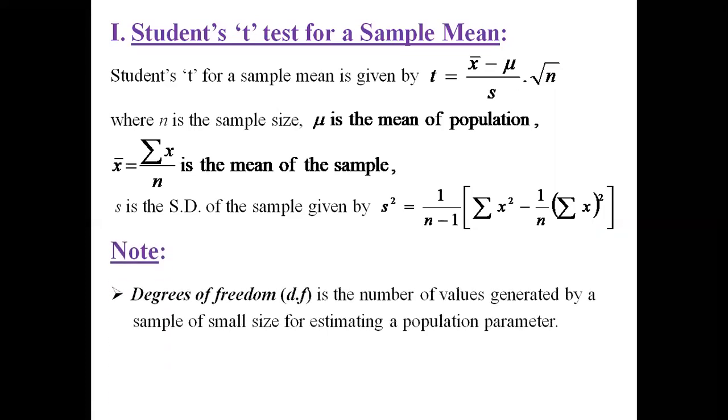Note that degrees of freedom is the number of values generated by a sample of small size for estimating a population parameter.